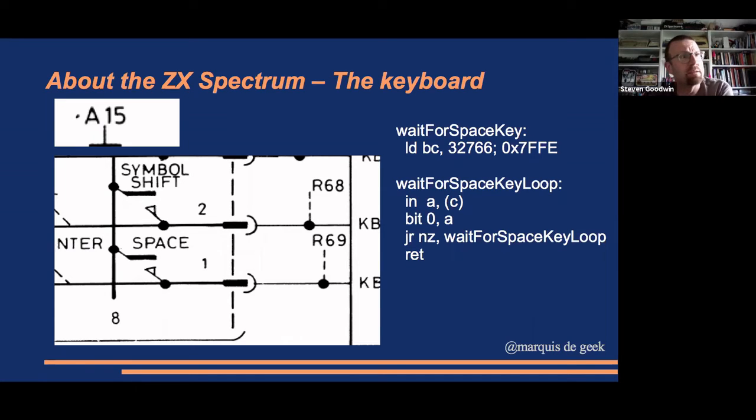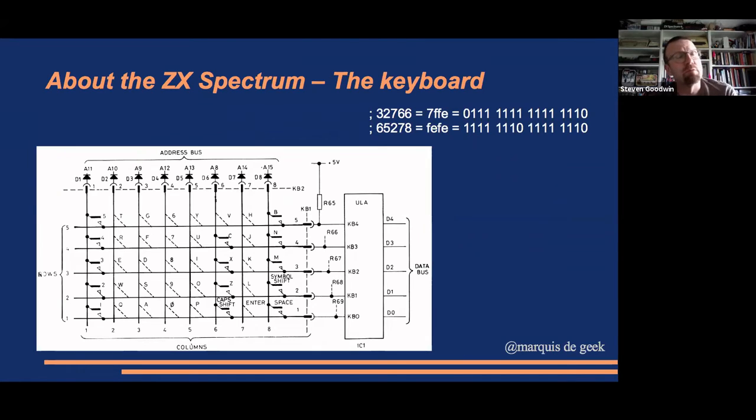To use a secondary example, here on the top right, the previous example was that 32766 example. The next one, if we were to do load BC 65278, that's the hex for FEFE, which is 11111110. That means A8 is 0.